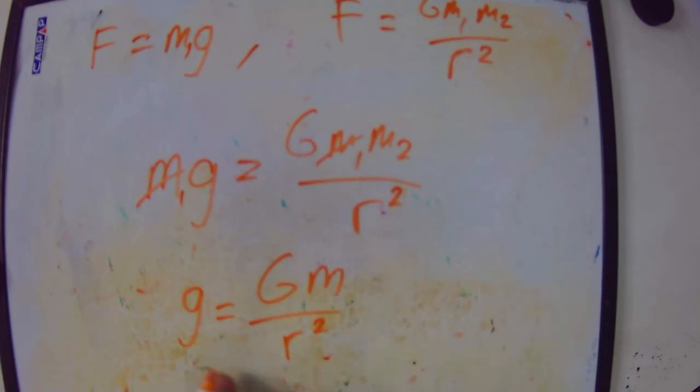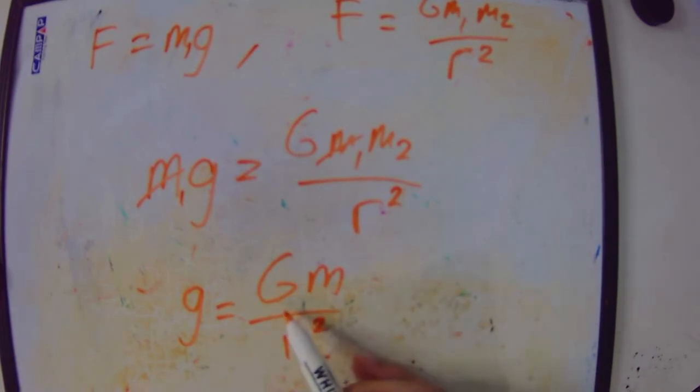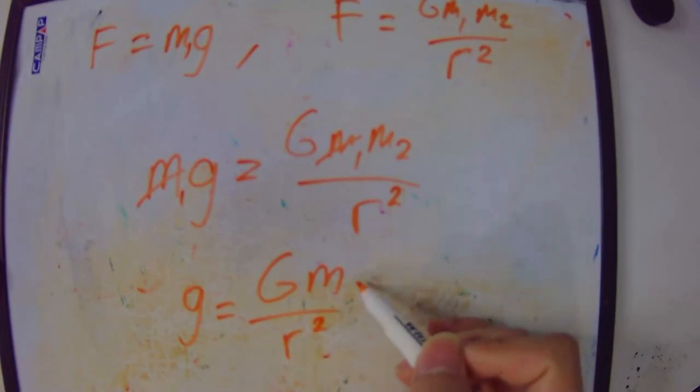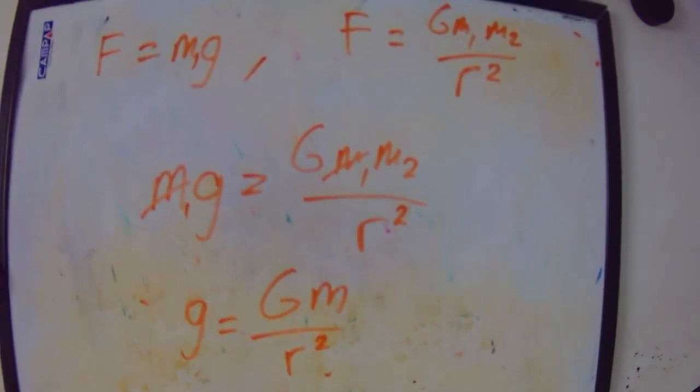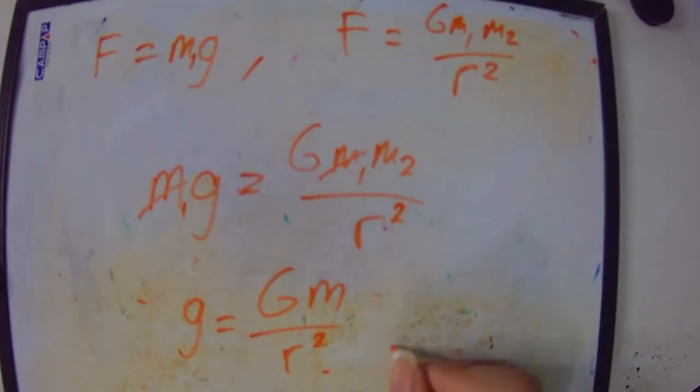So this is how we can calculate the gravitational acceleration of the Earth. We know the gravitational constant, we know the mass of the Earth, and we know the distance from an object to the center of the Earth, and we get around 9.81 or so. So that's the relationship between these two.